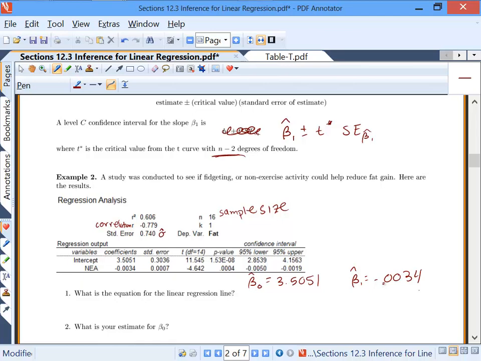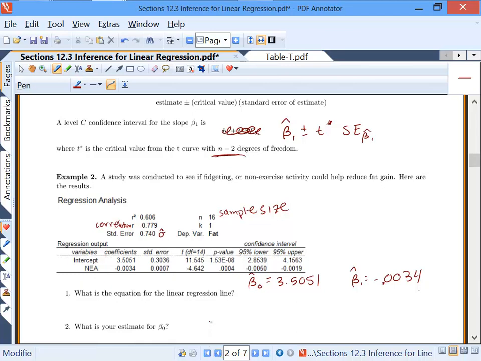That's how you read that part of the table. Notice each one has its own standard error. You have the overall standard error for the model, then the standard error for the intercept, and the standard error for your x values.